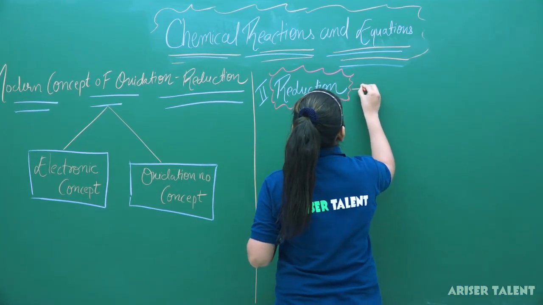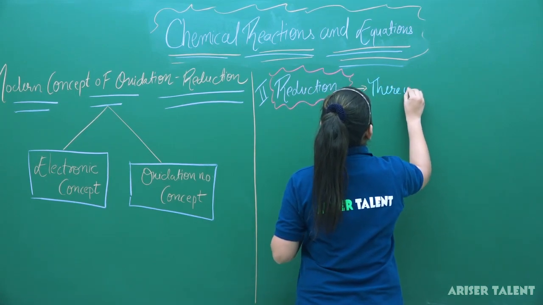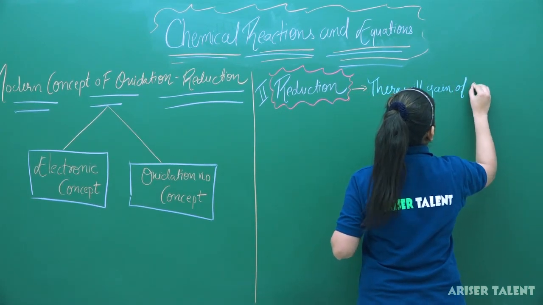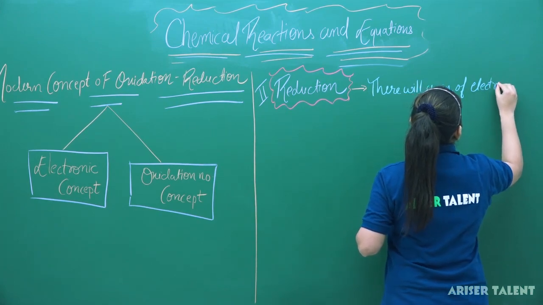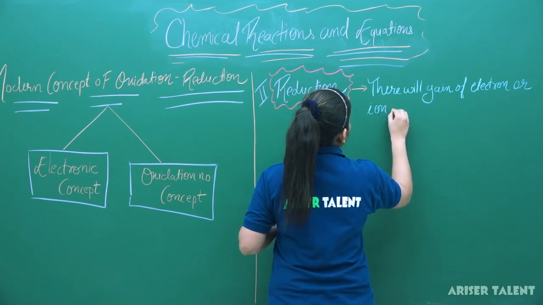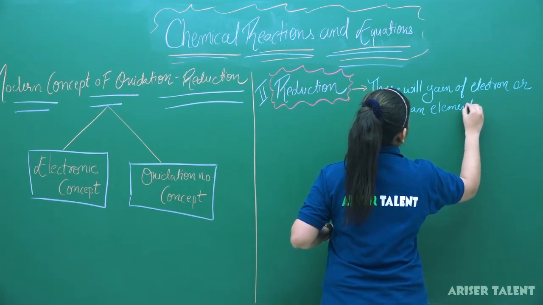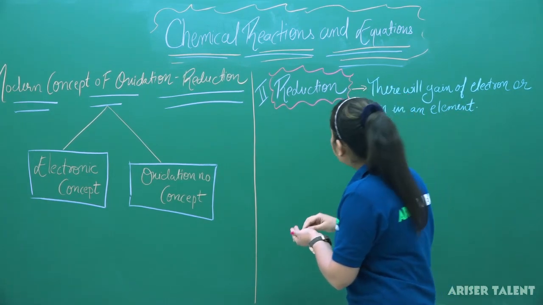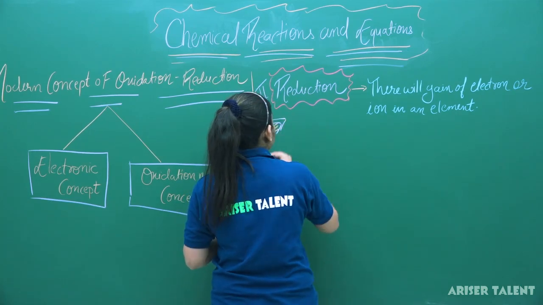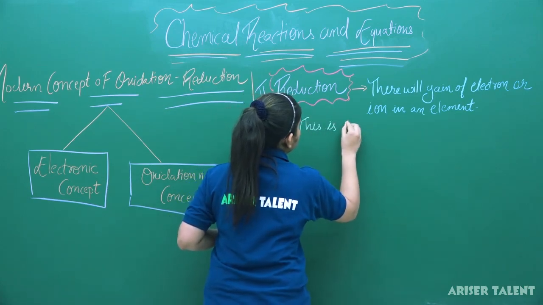So what will happen in this case? There will be gain of electron or ion in an element. Second point is, this process is also known as electronation.